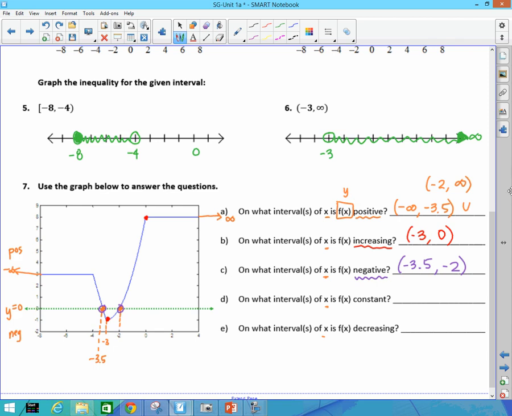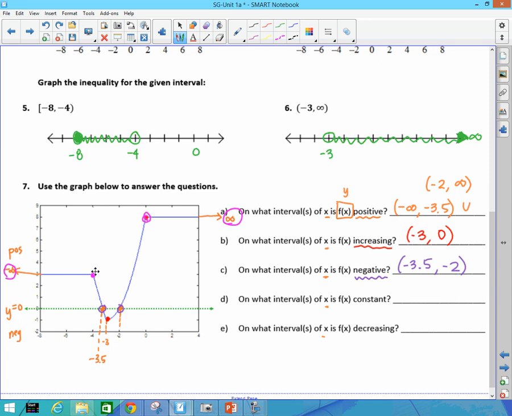Okay, let's go with constant. I think everybody knows this is where it starts. It goes on forever and ever. Let's go over here to negative infinity. It's constant all the way to right here. So that's a constant. And here's where another constant starts and goes all the way over here.